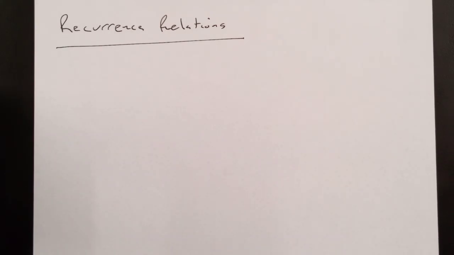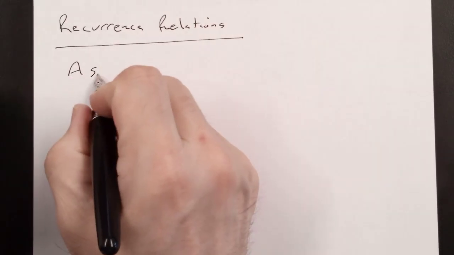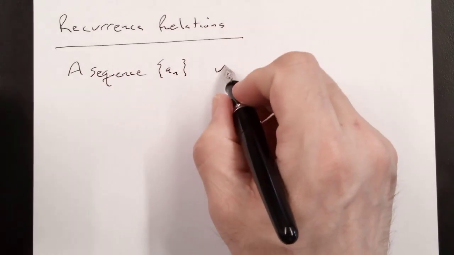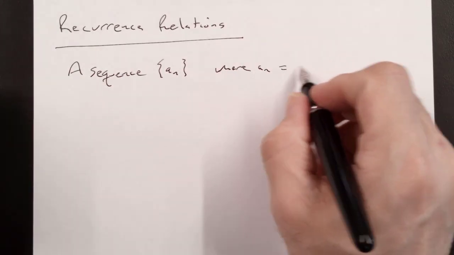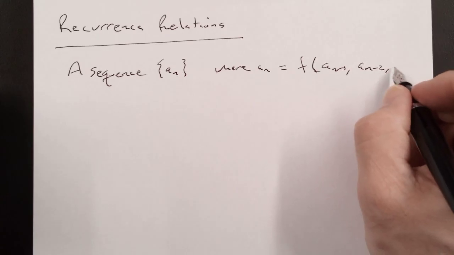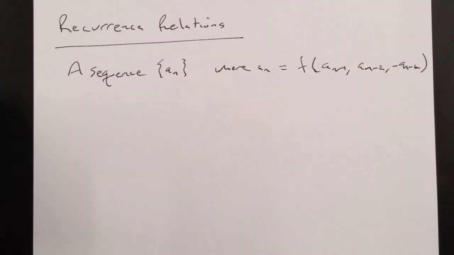We've done recurrence relations before. When I have a sequence that determines the next one by looking at some of the previous ones, it is called a recurrence relation.